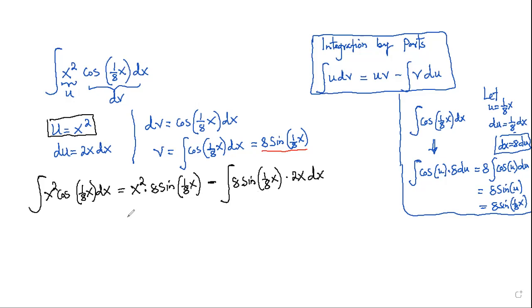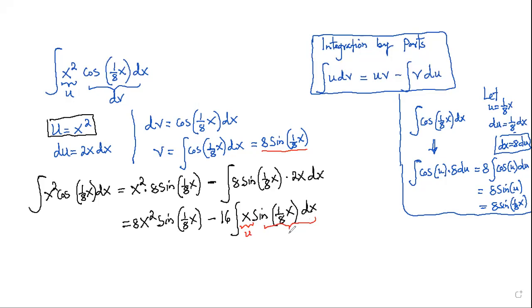Now, we can continue. That gives us 8x squared sine 1/8 x minus 16 times the integral of x sine 1/8 x with respect to x. So again, this time you set this to be your u and this to be your dv.